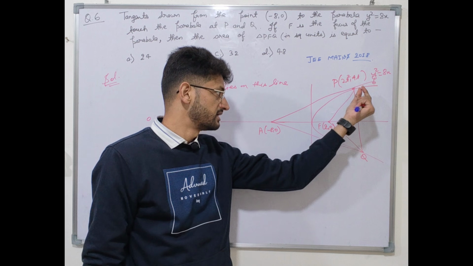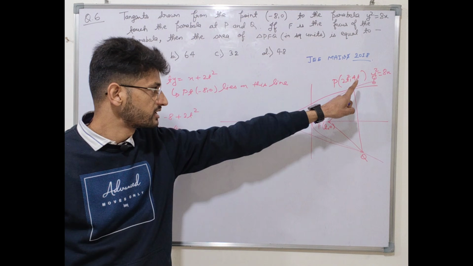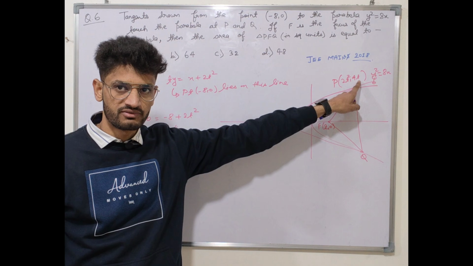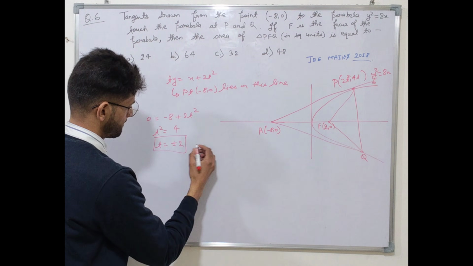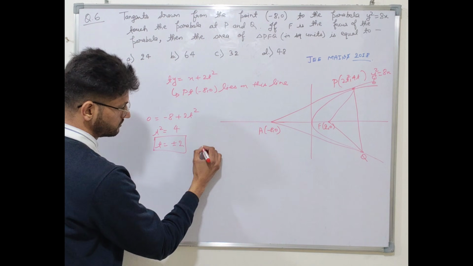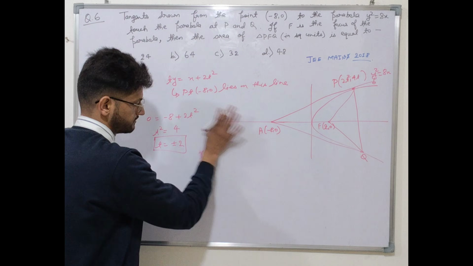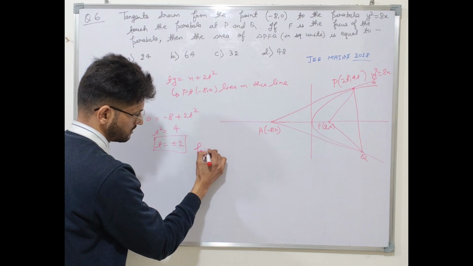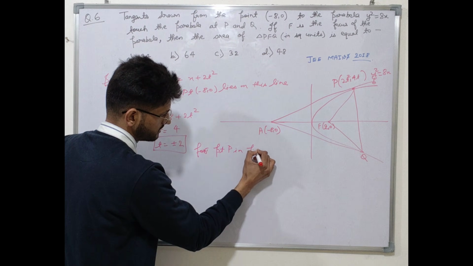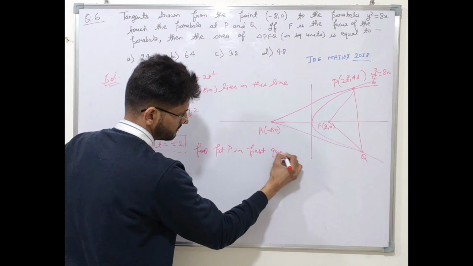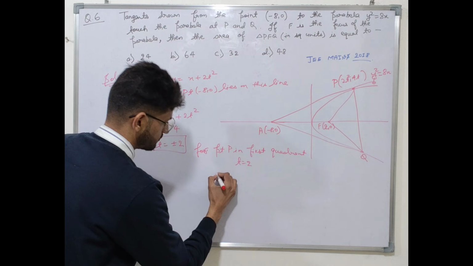Since point P is, let's say, in the first quadrant, we need to take the value of t as positive, because the y coordinate should be positive. So for point P in the first quadrant, t equals 2.